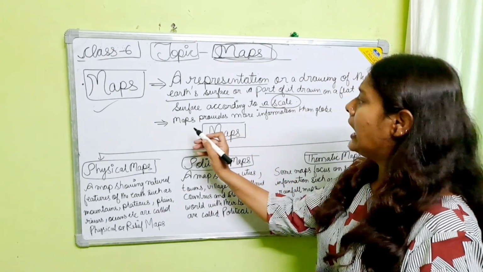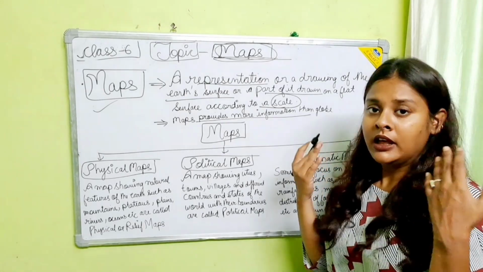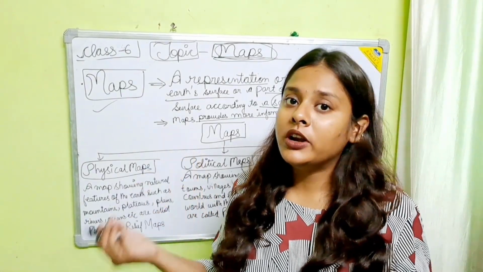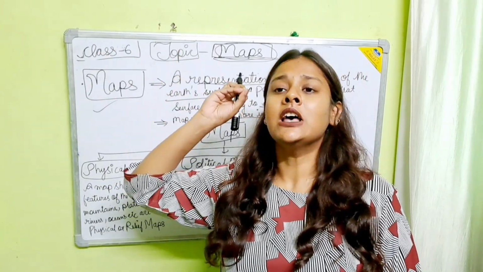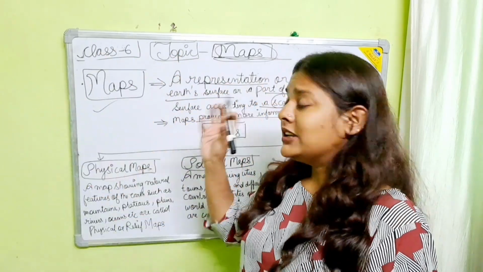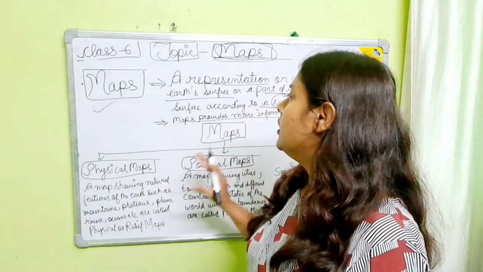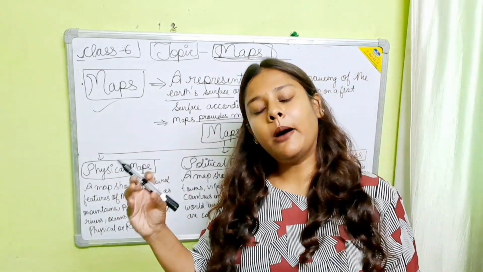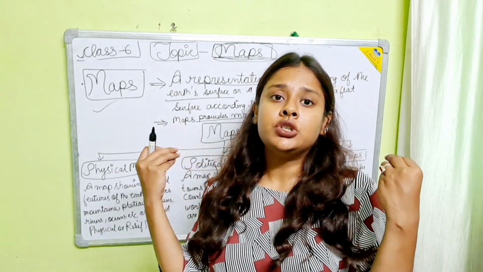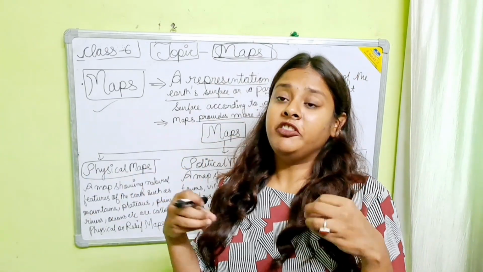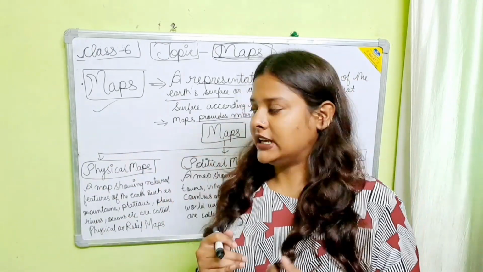Now, maps definitely provide more information as compared to the globe, because on a globe you can see the countries, states, continents, oceans, but on a map you can study each country, each continent, each state, and the features of these states in detail.